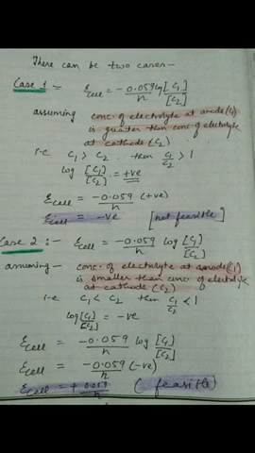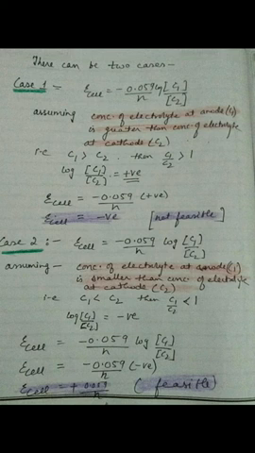Now we can have two cases. Case 1: assuming that the concentration of electrolyte at the anode, C1, is greater than the concentration of electrolyte at the cathode compartment, C2.